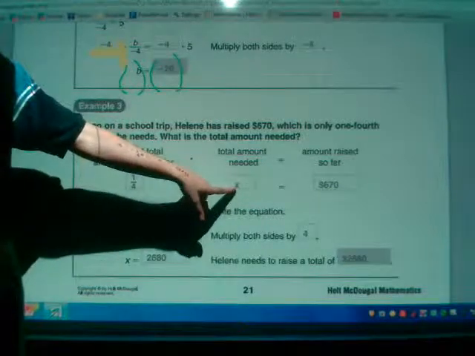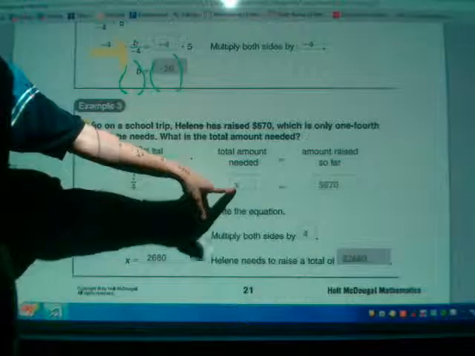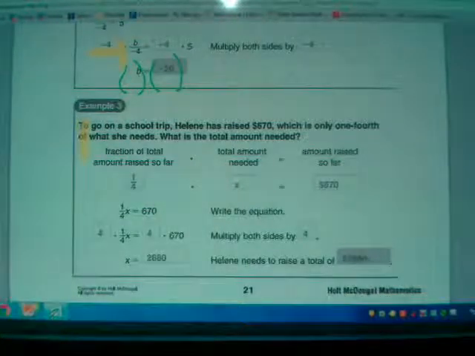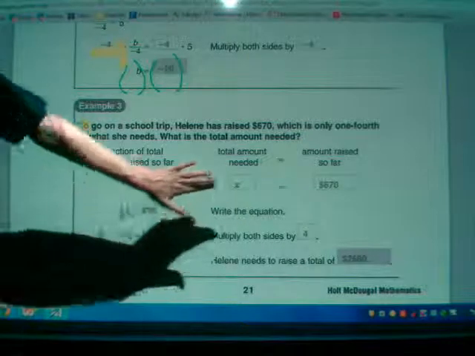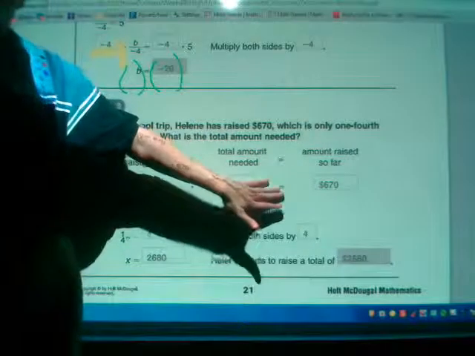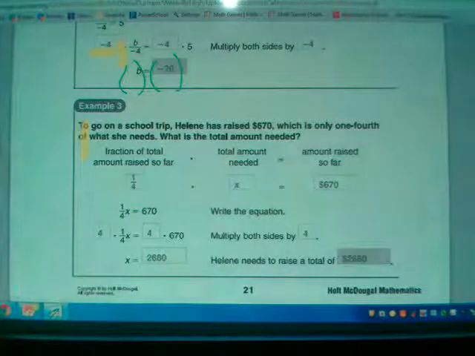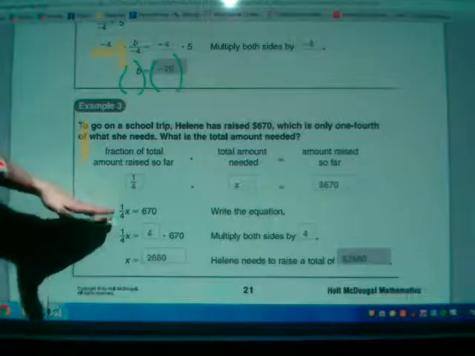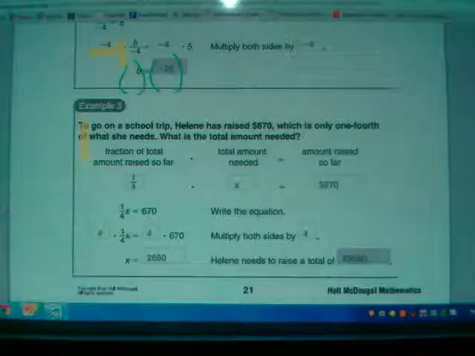We don't know what the amount she needs is, so that's the variable x. But we do know that that equals the total amount she's gotten so far, which is $670. So this 1/4 times x is equivalent to 670, which is why they can lay down an equal sign between the two. So we're solving the equation 1/4 x equals 670.